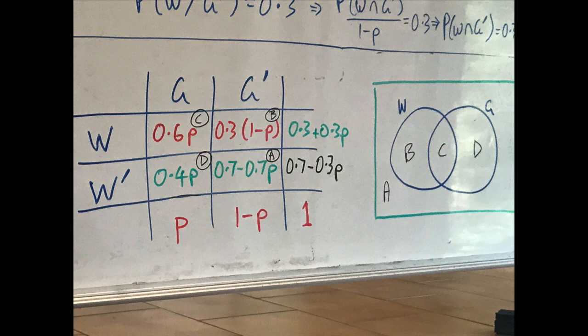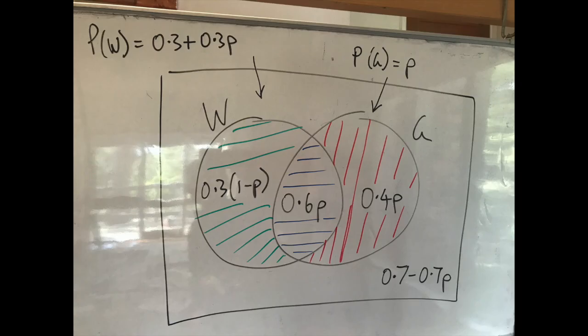To represent these sections of the Karnaugh map, I would be looking at the Venn diagram. The green area there is W intersection not G. The blue area in the middle of 0.6P is W intersection G. The red area is not W, not winning, with Gavin playing, which is 0.4P.